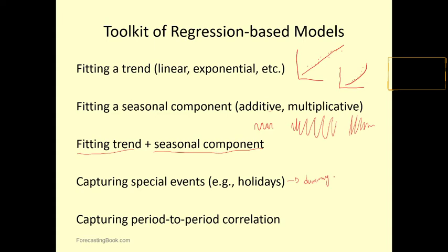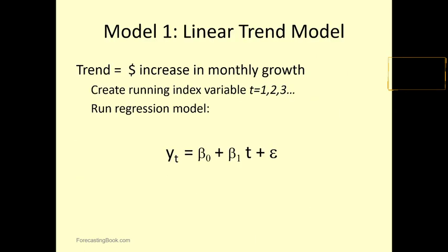Linear regression is interesting in the sense that you can add more variables to your equations. I am going to explain that later. Dummy variables are variables that are 0 and 1. For instance, when you have the holidays, you put 1 in your time series, and zeros when we do not have that holiday. We are also able, in the toolkit of regression-based models, to capture period-to-period correlation, and we are going to do that later.